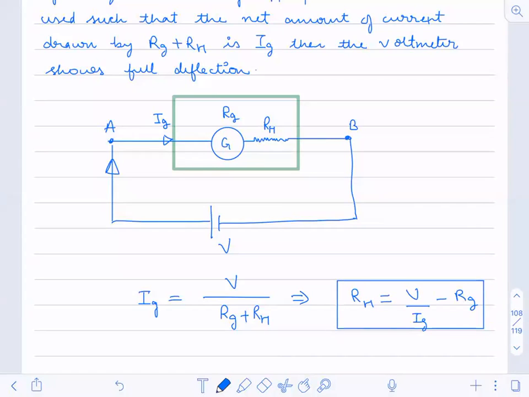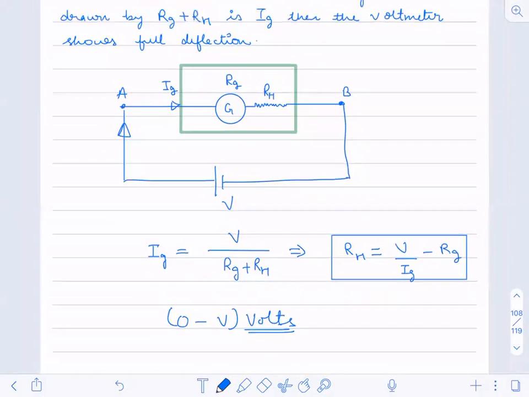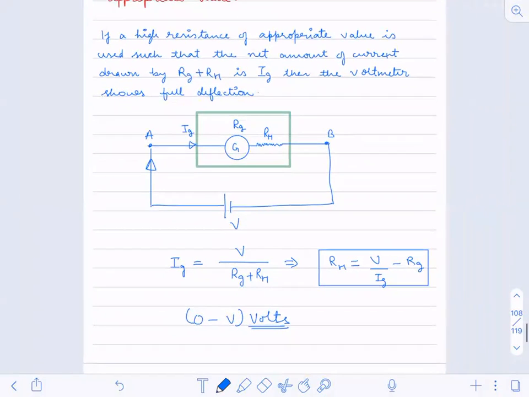This is the correct value of resistance with which we can convert a galvanometer into a voltmeter of range V. So now this galvanometer can measure from 0 to V volts.